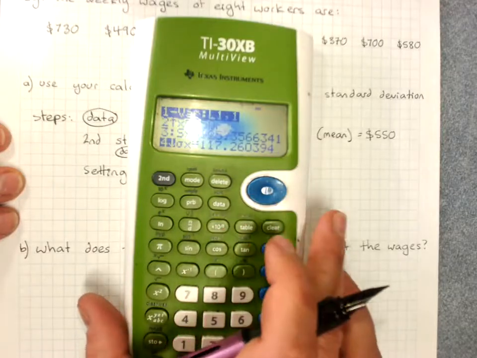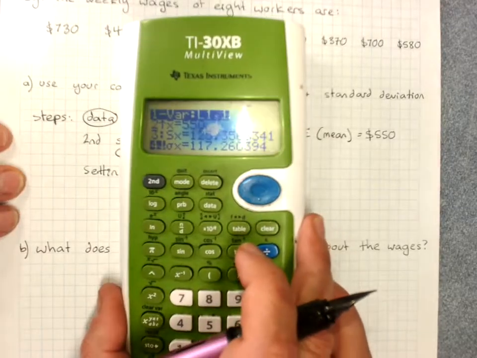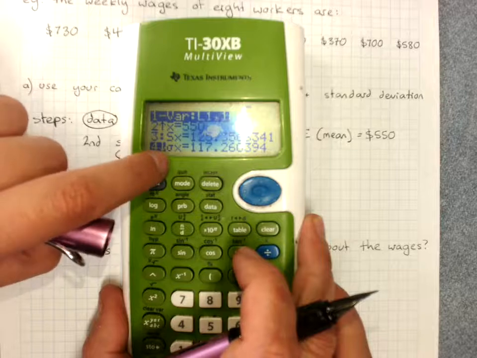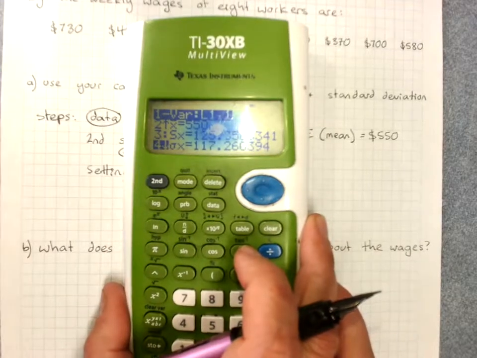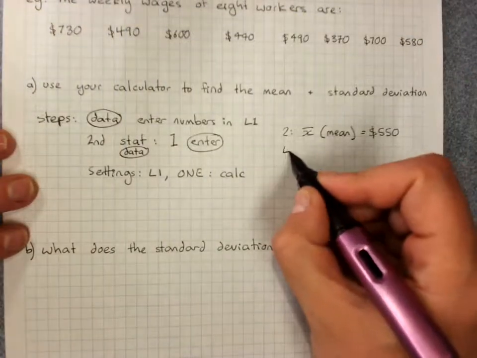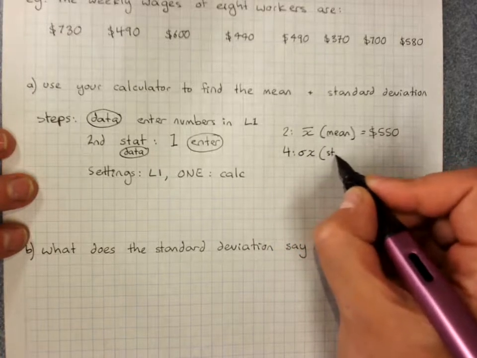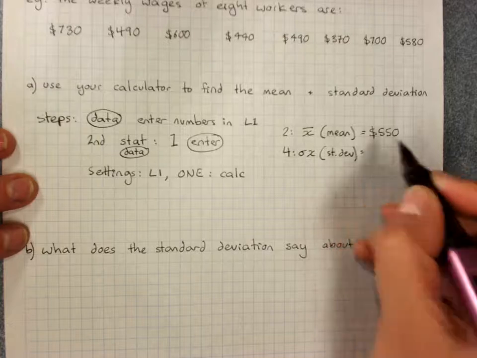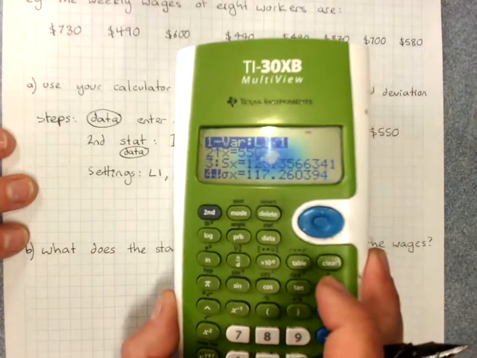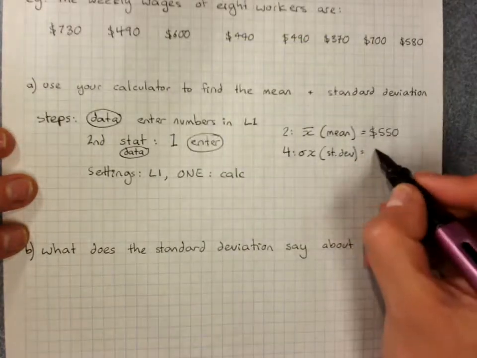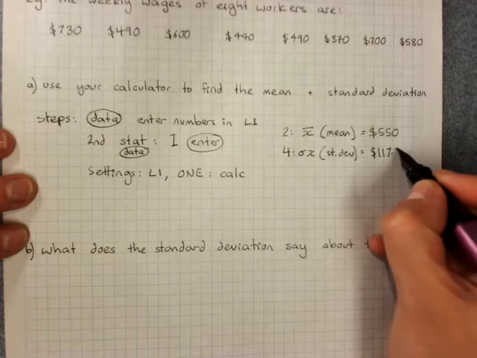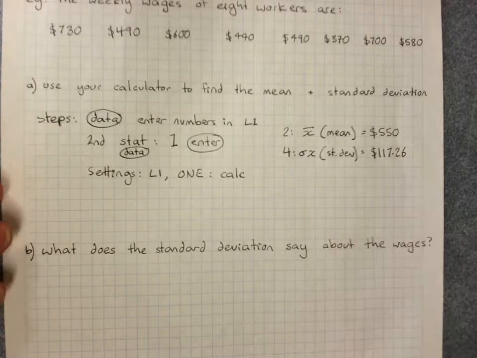And moving down to option 4, that little funny S sort of shape, and X is our standard deviation. And that is $117. And that's quite a large number.